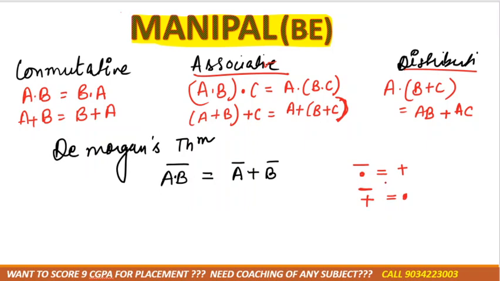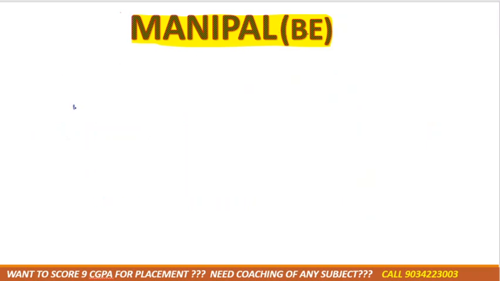Okay, clear? Basically, whenever we have a dot under the bar, where dot means the multiplication, right? Then that would be converted into addition in De Morgan's theorem. Similarly, if we have a plus under the bar, then that would be converted into multiplication.